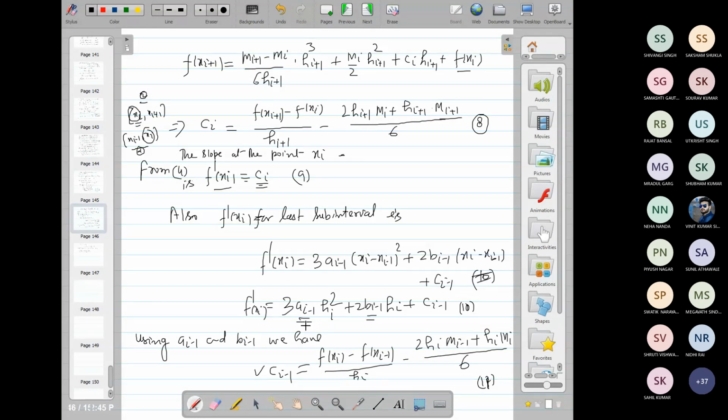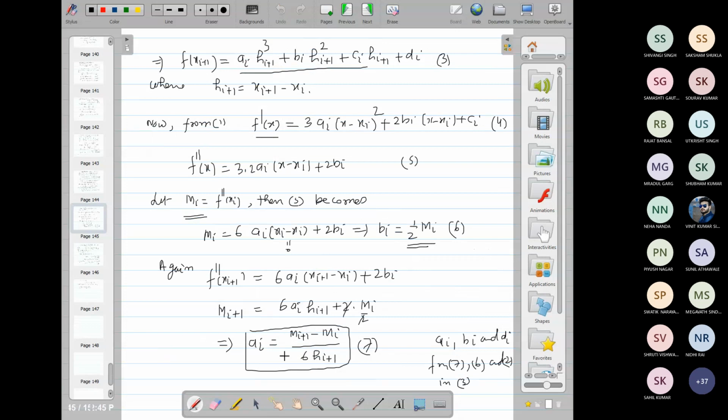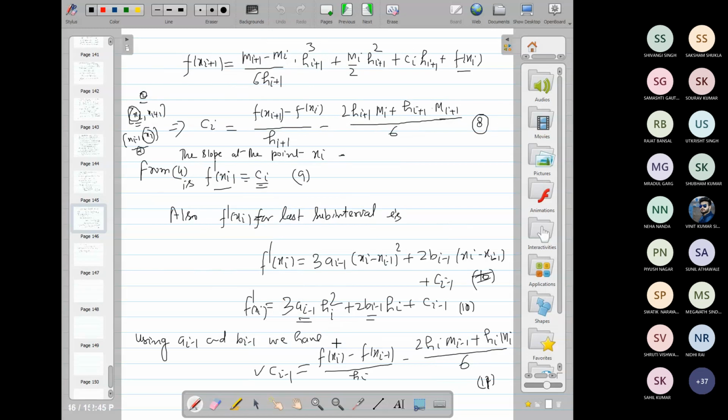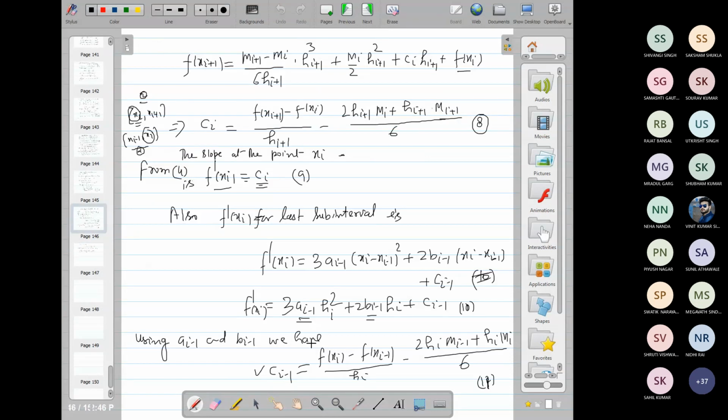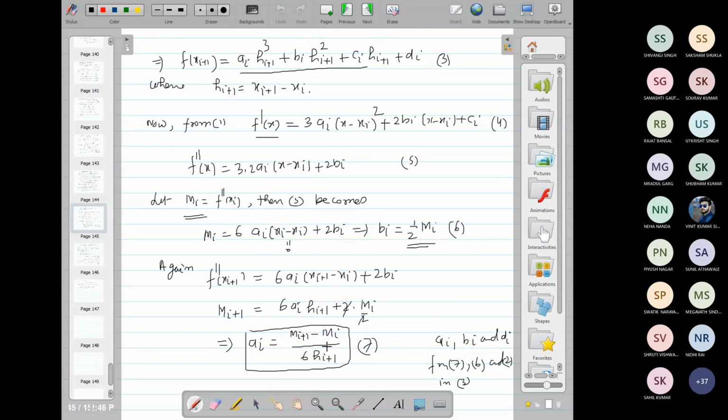And ai minus 1, जो ai है उसी में चेंज कर दीजिए। Here ai minus 1 will be mi minus mi minus 1. So 3 into (mi minus mi minus 1) divided by here 6 hi.